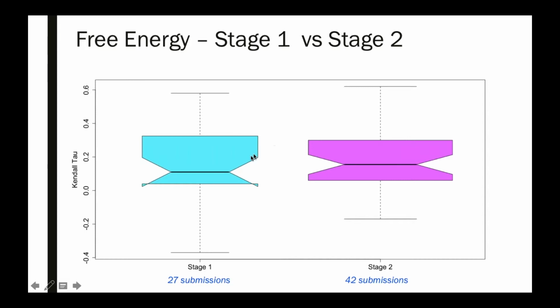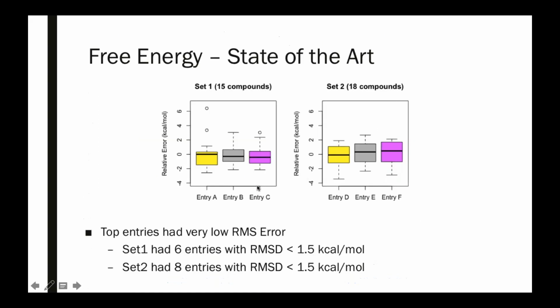I'm sorry, the standard deviation. So you can see that we don't really have a significant difference between stage 1 and stage 2. And the reason we've got this strange looking box plot is we have a large standard deviation here. Because the large standard deviation goes beyond the interquartile range for the box plot, you get this sort of folded in look.